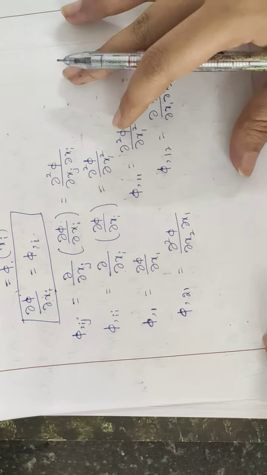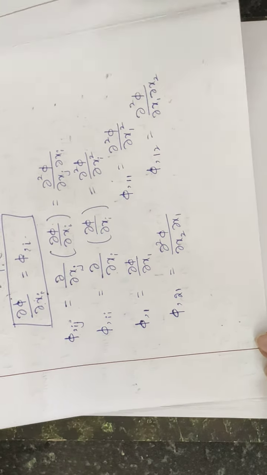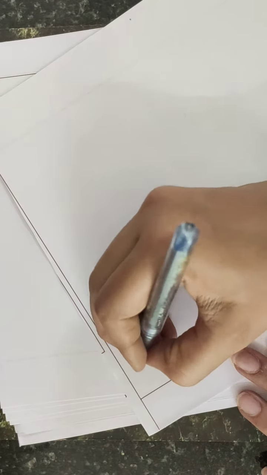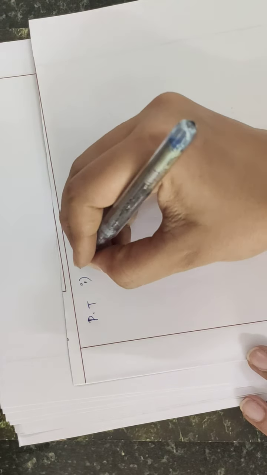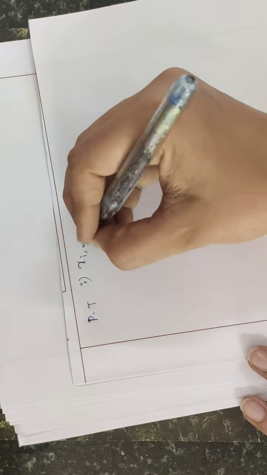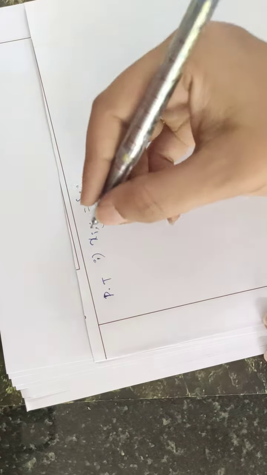Now using comma notation we can solve some of the problems. We will look at those problems. First one is prove that xi comma j is equal to delta ij. Okay, we have to prove this.